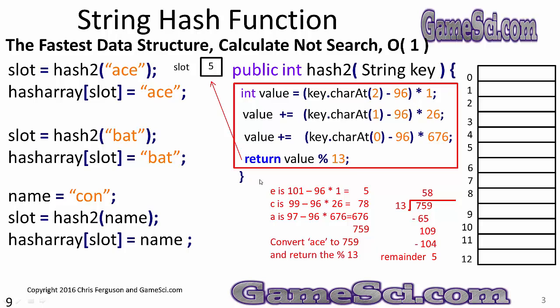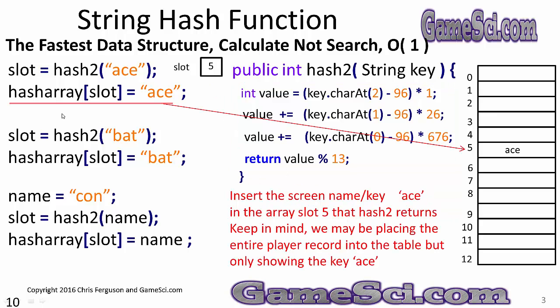I then did that number modulus 13, and it says store your data at position 5 in the array. With the 5 in the slot number, when I do hash array of slot equals ACE, it will say at position 5, store the key ACE. We inserted the screen name or key ACE into the array slot 5 that hash 2 returns.